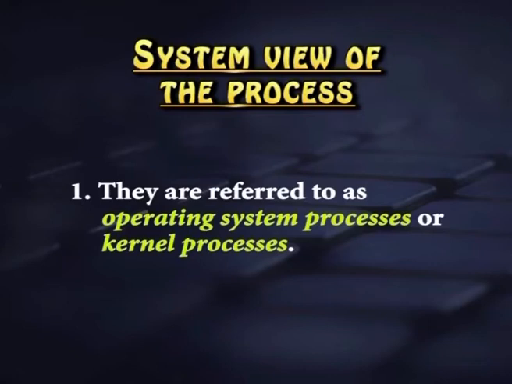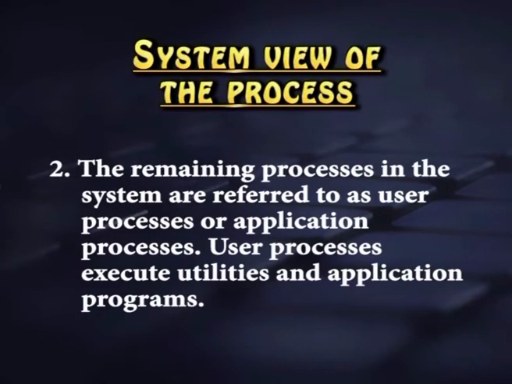They are referred to as operating system processes or kernel processes. Second, the remaining processes in the system are referred to as user processes or application processes. User processes execute utilities and application programs.